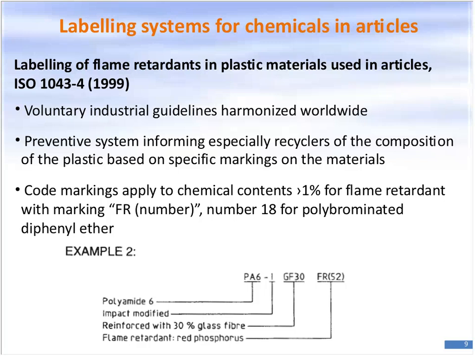And for polybrominated diphenyl ether, that means either tetra and penta bromodiphenyl ether, or hexa and hepta, which are both listed under the Stockholm Convention since 2009, it would be the imprint FR18, so one could identify these chemicals already in plastic materials used in articles. Next slide.